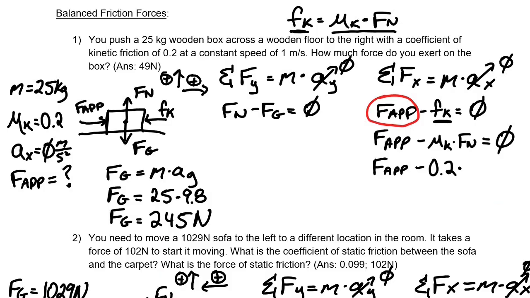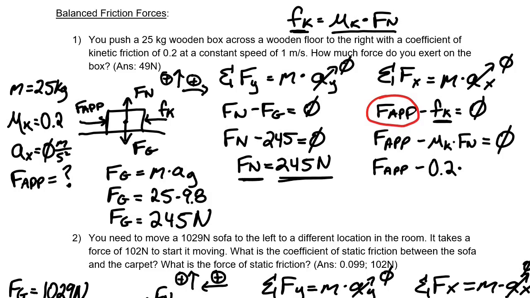So I'm just going to do that substitution. And if we add 245 to both sides of our equation, we see that our normal force is equal to 245 newtons. Look at that. I have my normal force. And I could just plug that in right over here.